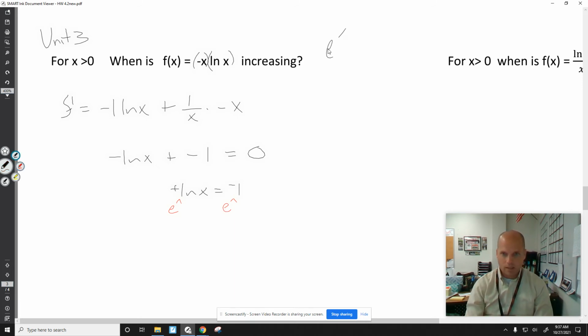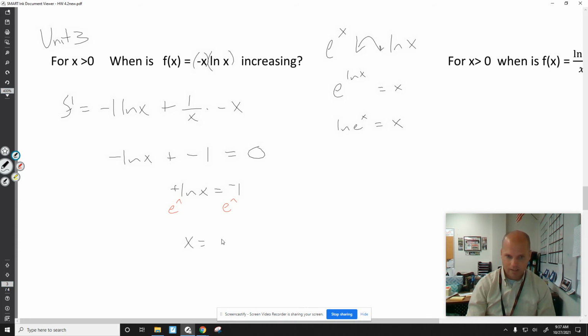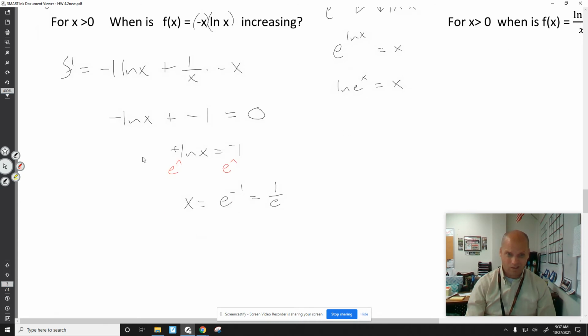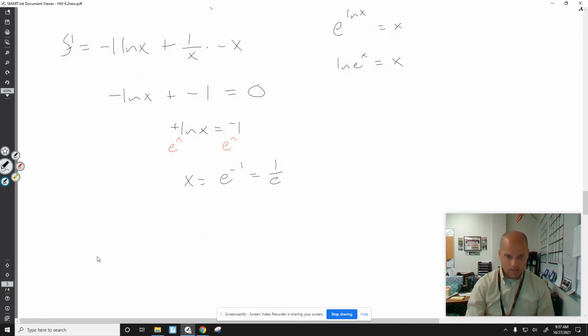Like e to the x will undo log x. So I got to put like e to the log x to get x, or ln of e to the x just gets us x. All right, so e to the log x just gets us x. And I get x equals e to the negative first, which is 1 over e. And it's like, okay, great, but like what? 1 over e?